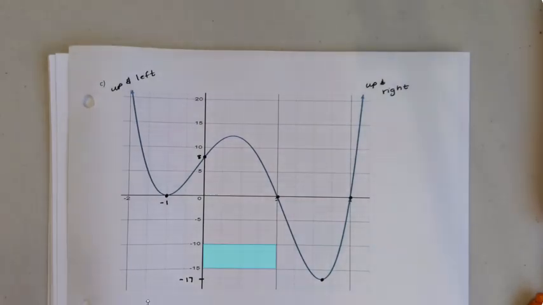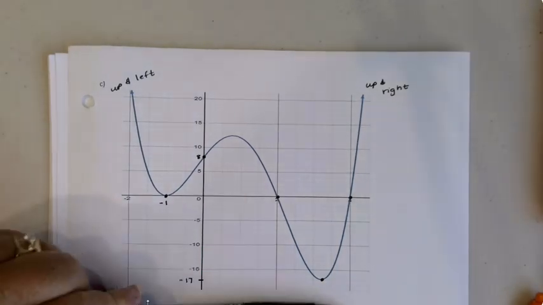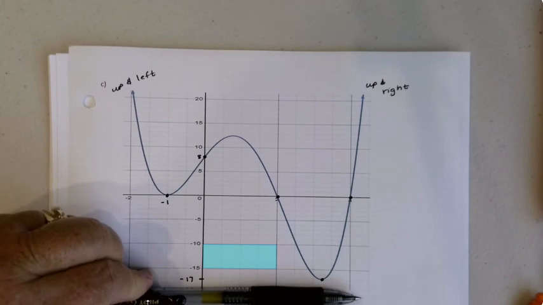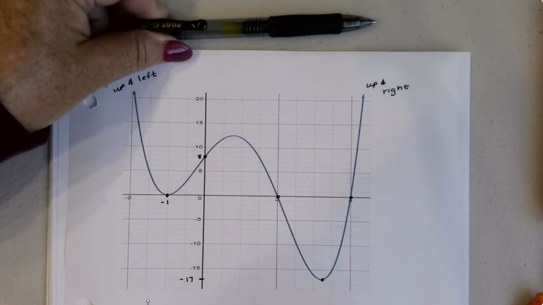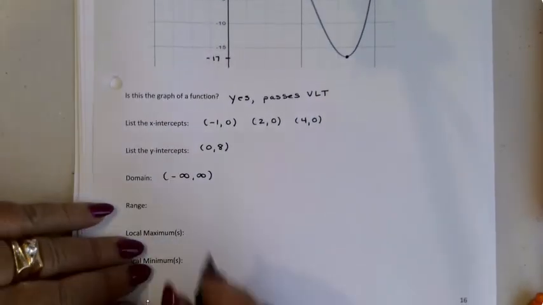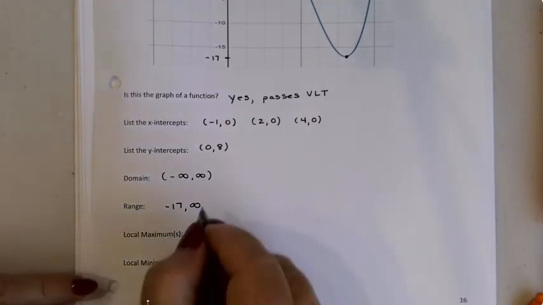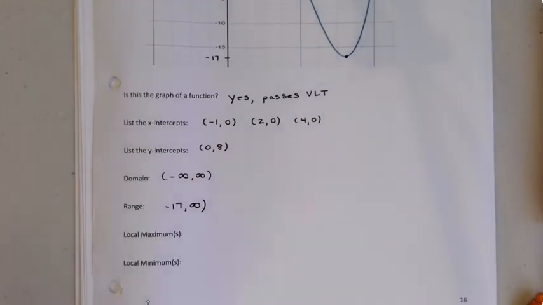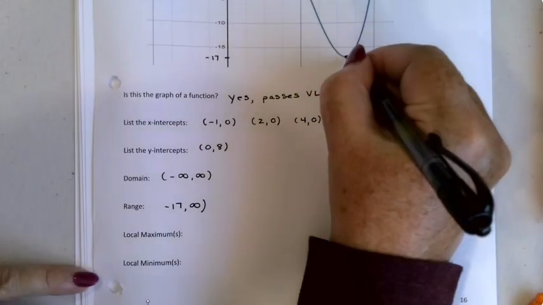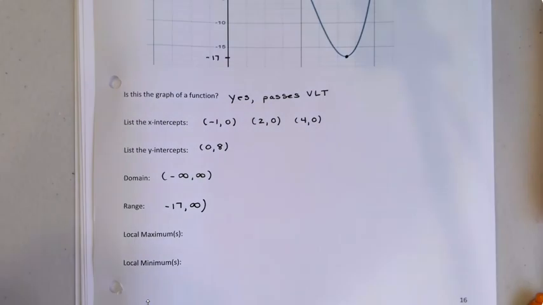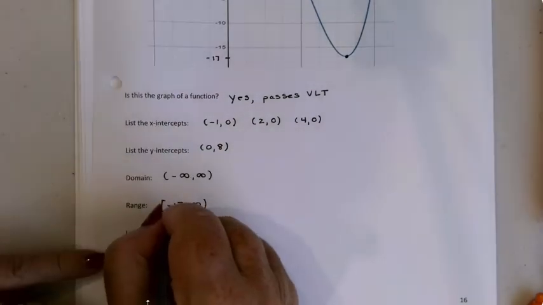So when I go to list my range, I'm going to say the outputs, vertically, have a smallest value of negative 17, and then it goes up forever to infinity. Now I always use parentheses on the infinity portion, but what about the negative 17? Well, that graph actually hits the value of negative 17, so I want to include it, meaning I'll need to use a bracket.